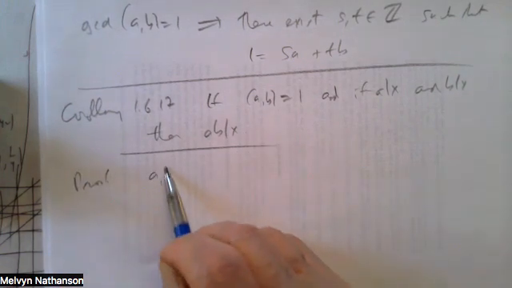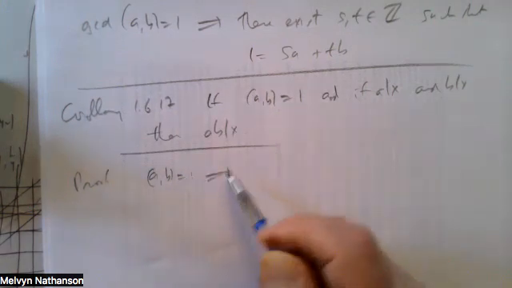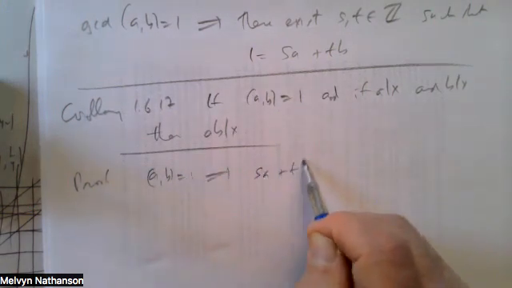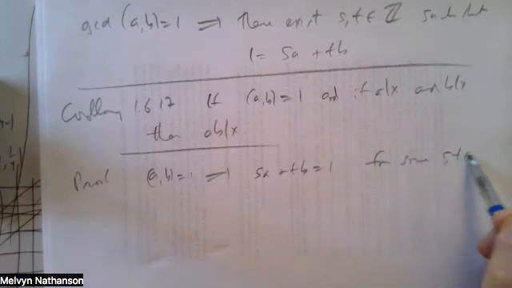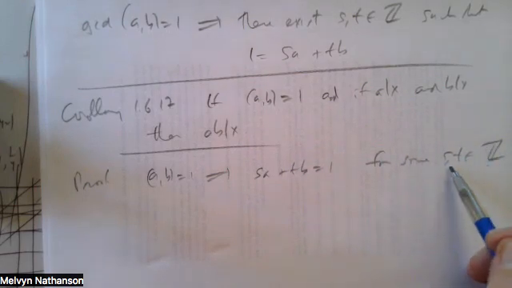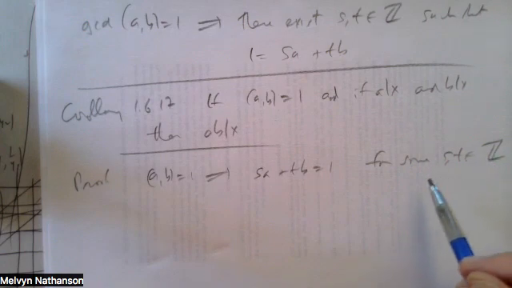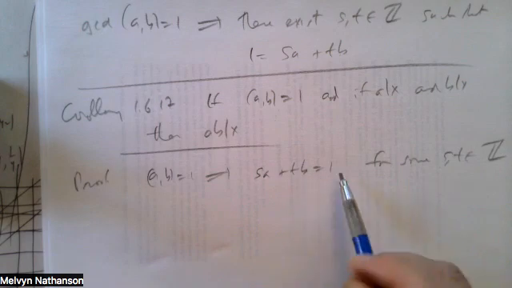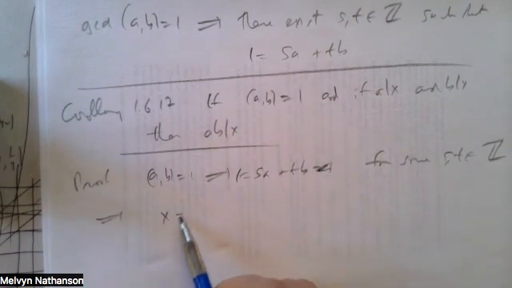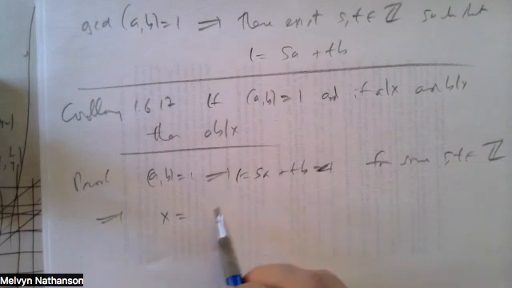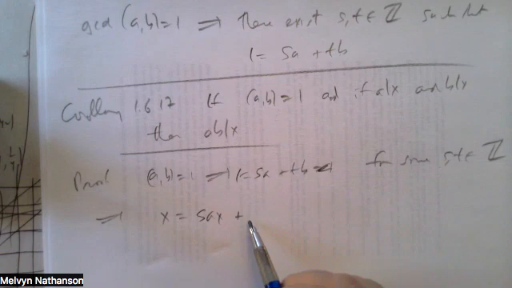So if A and B are relatively prime, then SA plus TB equals 1 for some integers S and T, in the set of integers. So if you take this equation and multiply it by X, X is SAX plus TBX.